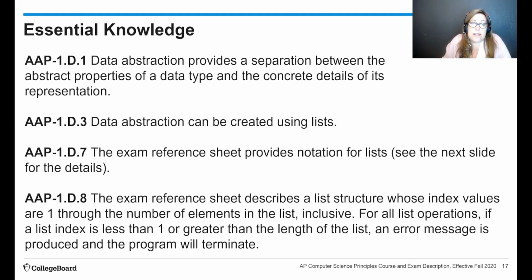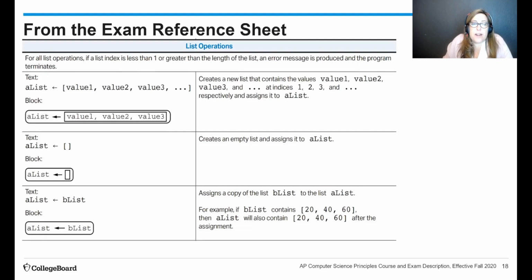It also needs to be clear that our indexing according to the reference sheet will start at 1 and go to the length of the list, how many elements there are in the list. Anything outside that range will cause an error. Don't forget to look at your exam reference sheet. I'd really like you to become familiar with that before the AP exam in May.